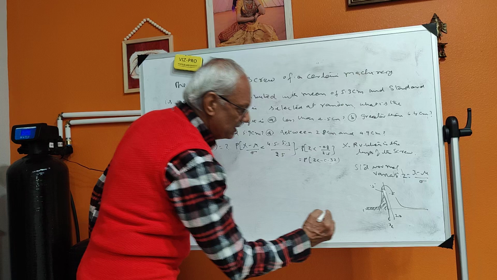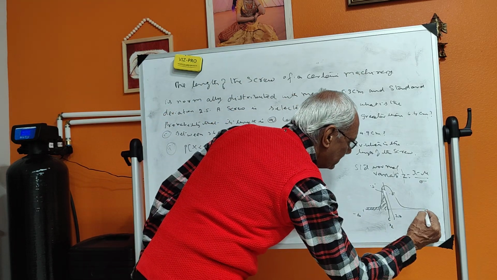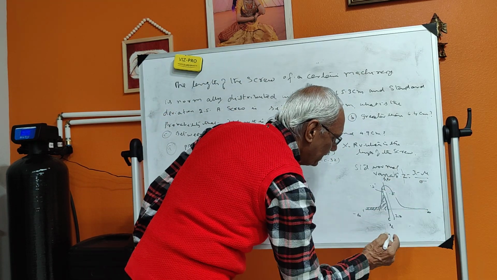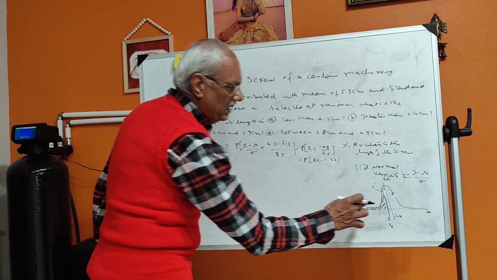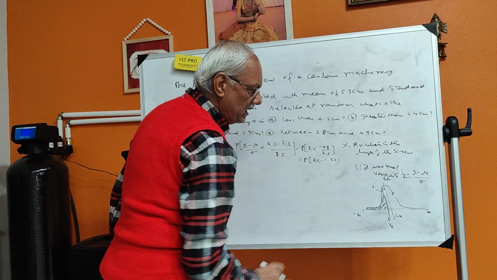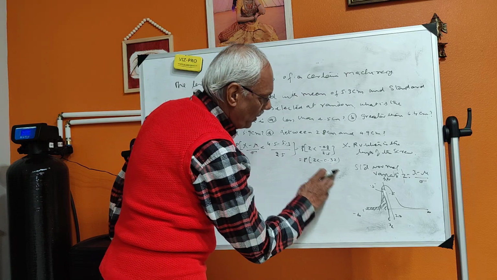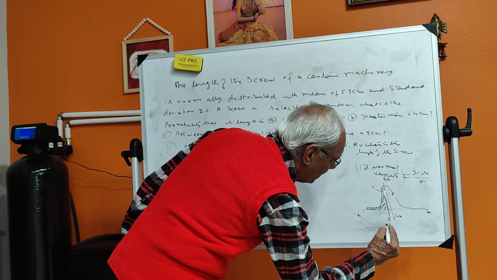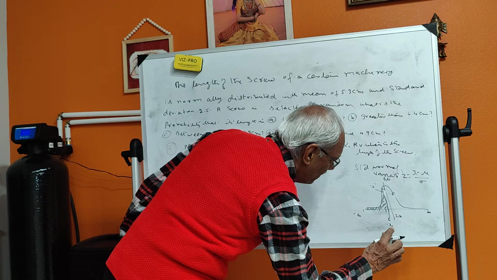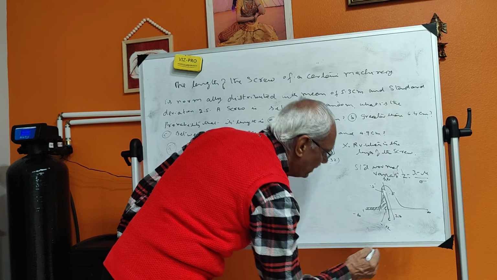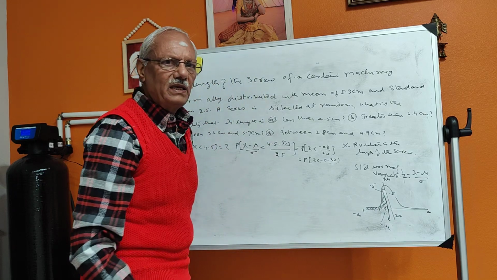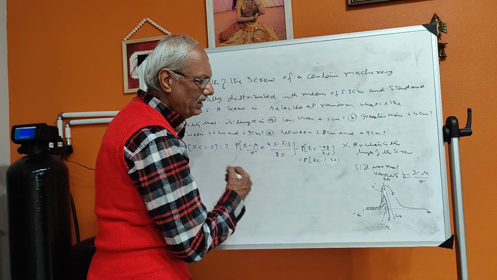The area from minus infinity to plus infinity is f of z, with z equal to 0 at the center. The area here is 0.5 and the area here is 0.5. Minus 0.32 is here. We want the area lying to the left, since less than means lying to the left.